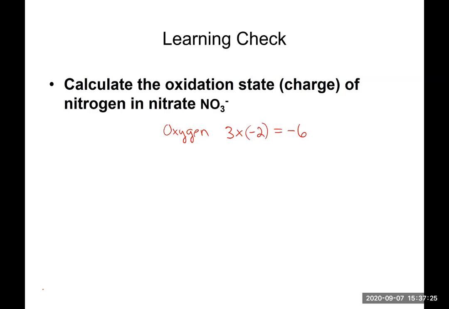So -6 for the oxygen plus whatever the charge of the nitrogen is equals -1, the charge on the entire complex. We can add 6 to both sides, and the oxidation state, or the charge on the nitrogen, is +5.